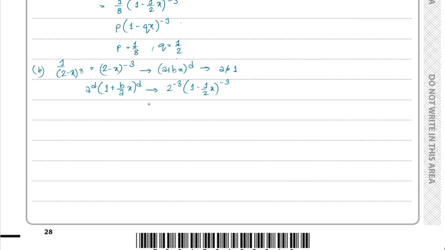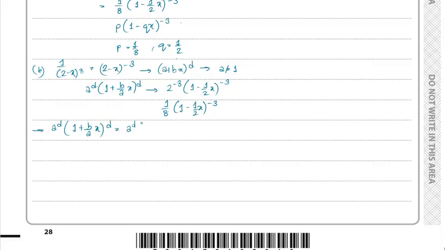That was a brief summary of part A. So this would be 1 by 8, 1 minus 1 by 2 x to the power minus 3. So to expand a to the power d, bracket 1 plus b by a x to the power d, the format would be a to the power d, bracket 1 plus b by a x to the power d. Then we have to expand this in this way.